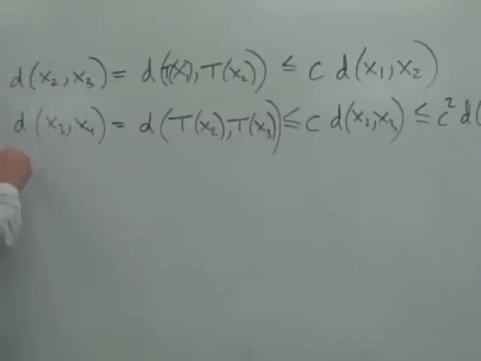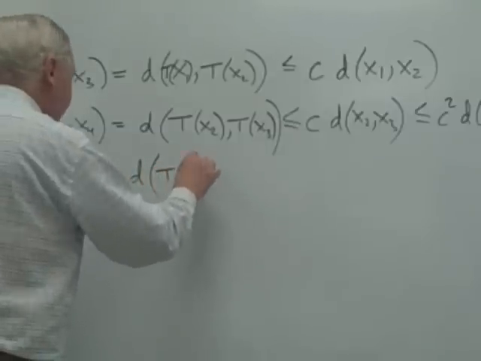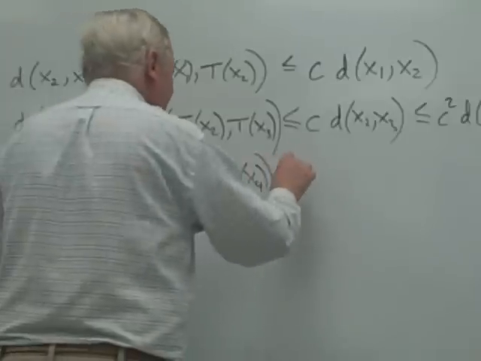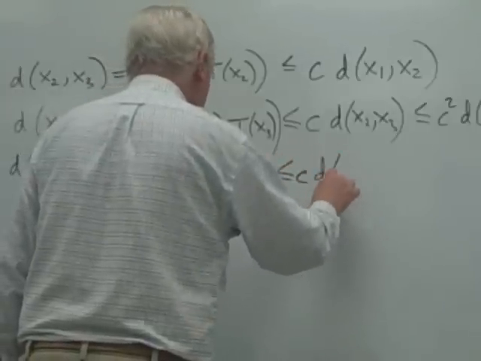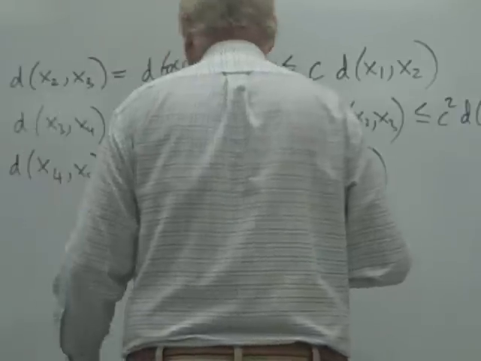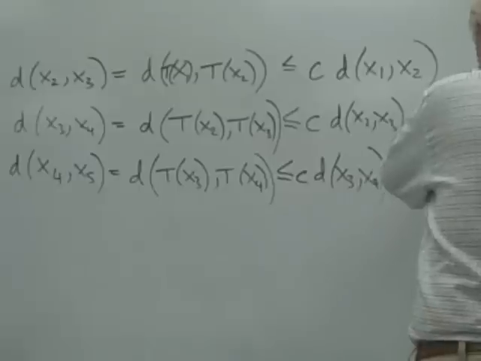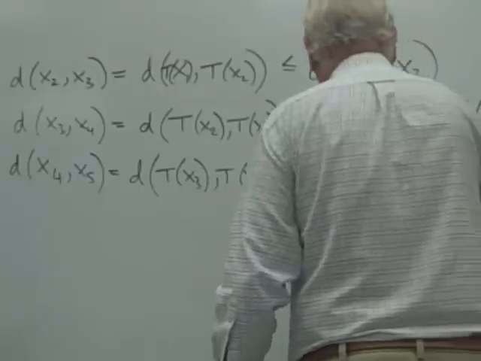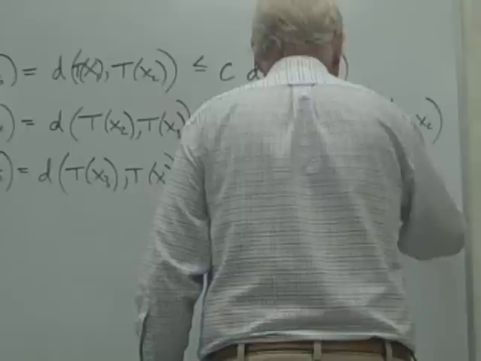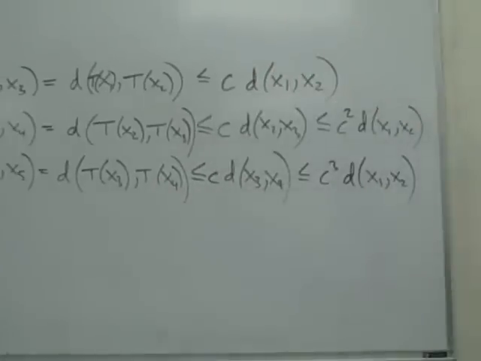The distance between x4 and x5 is the distance between T of x3 and T of x4, which is less than or equal to c times the distance from x3 to x4. The previous line said that was c squared, so this is less than or equal to c cubed times the distance from x1 to x2.